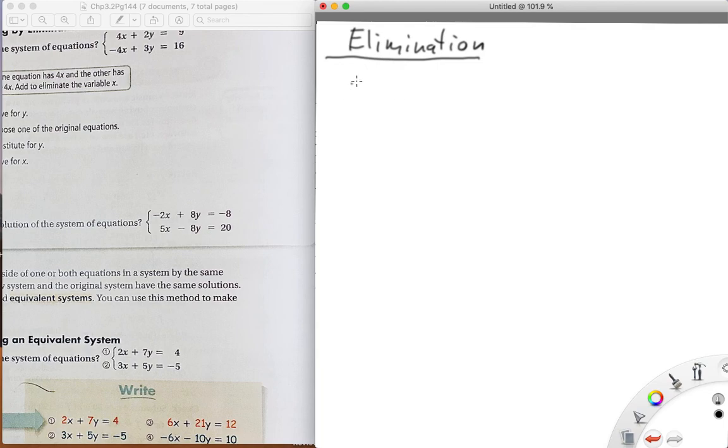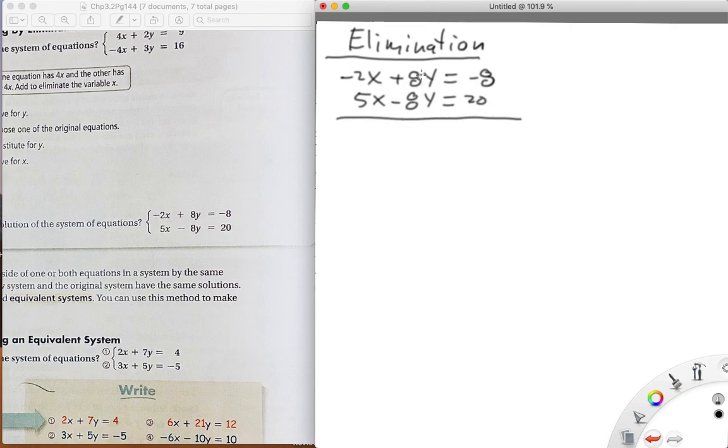So here's the one that they give us. We have negative 2x plus 8y equals negative 8, and we have 5x minus 8y equals 20.